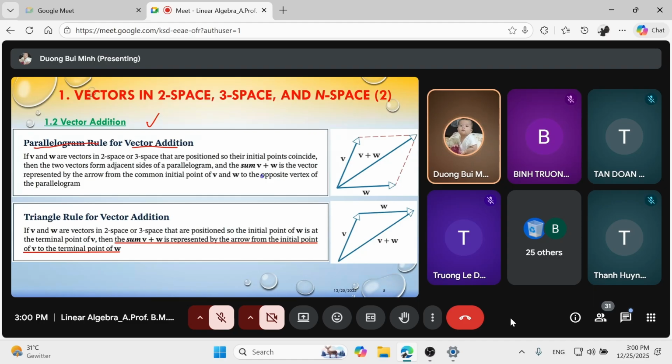Very easy, just review. We have vector v and vector w. Applying the parallelogram rule, you can get vector v plus vector w.